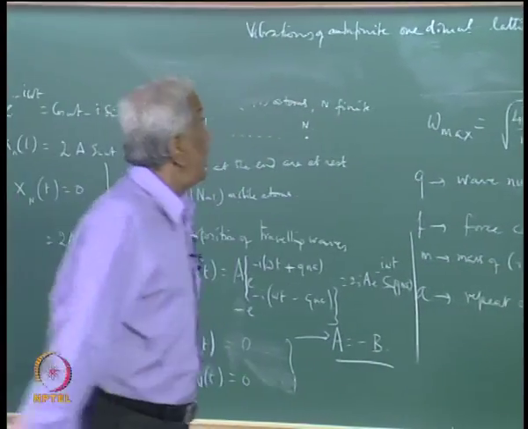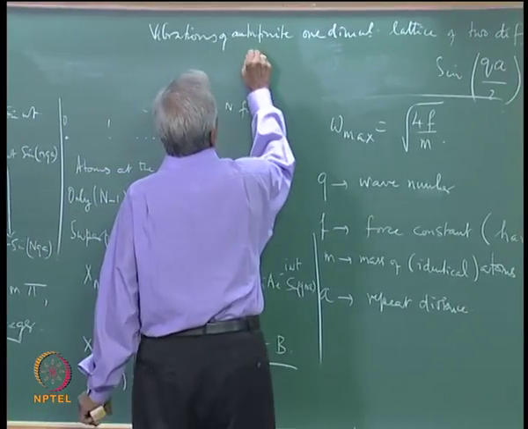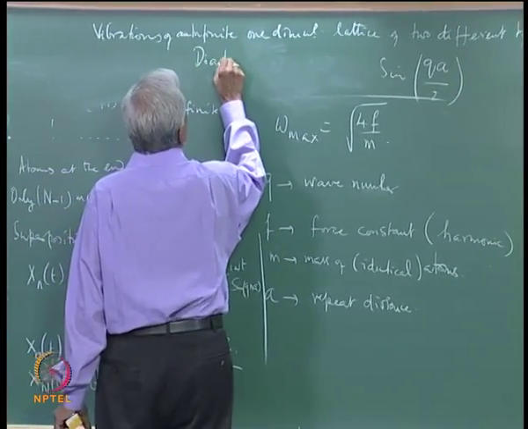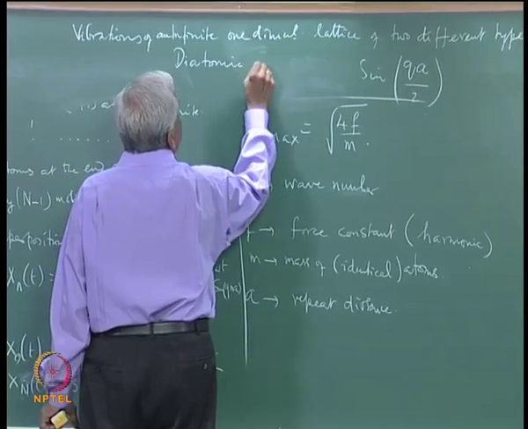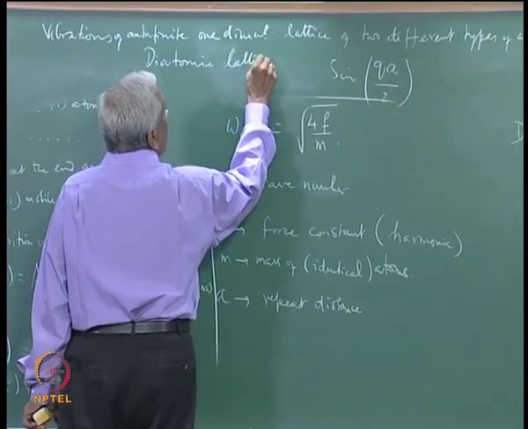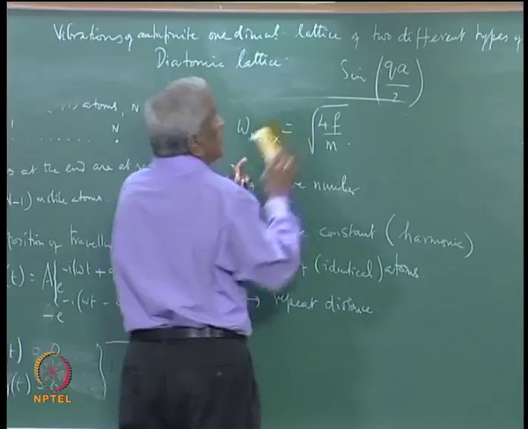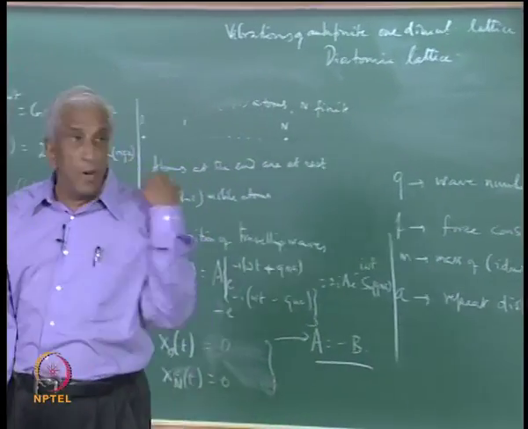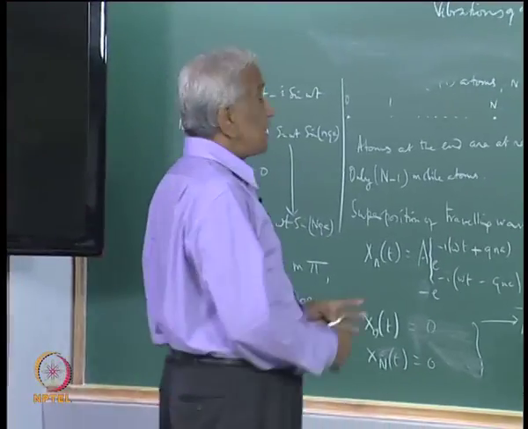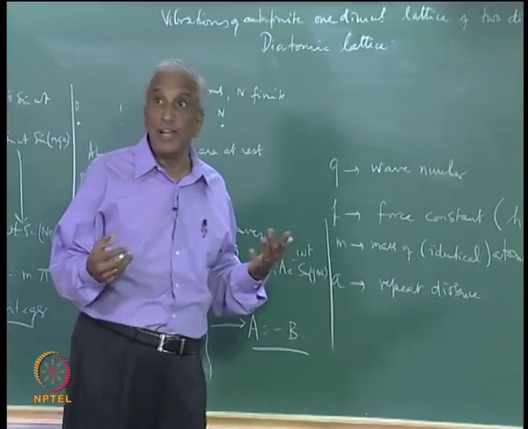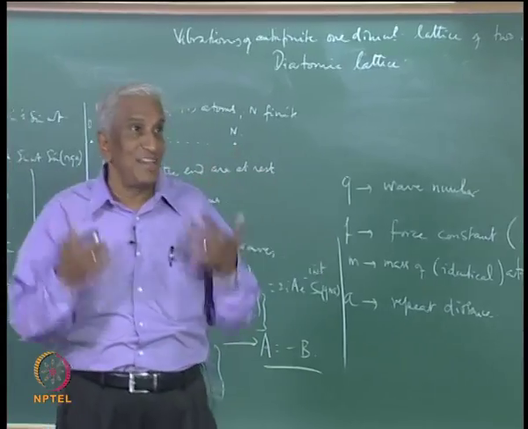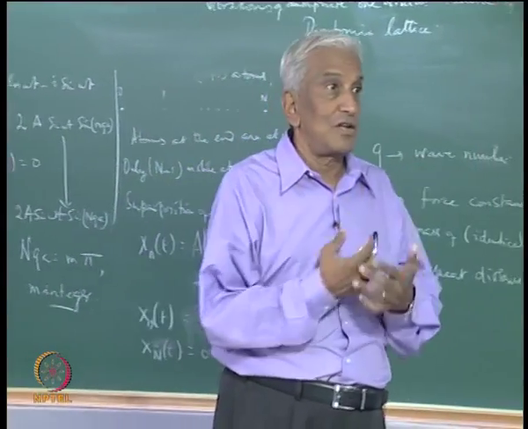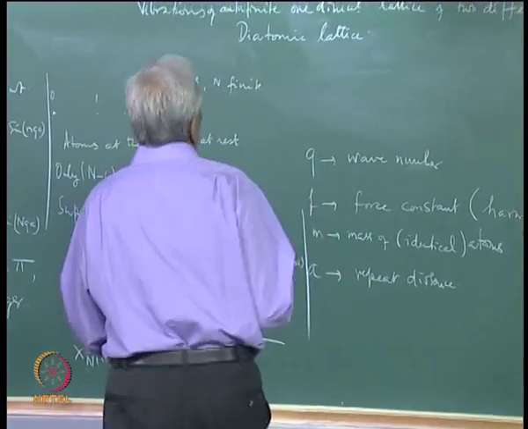It is called a diatomic lattice, not a monatomic lattice. Why is this important? The reason comes from the fact that many solids are diatomic in nature, many standard common solids like sodium chloride, for example.